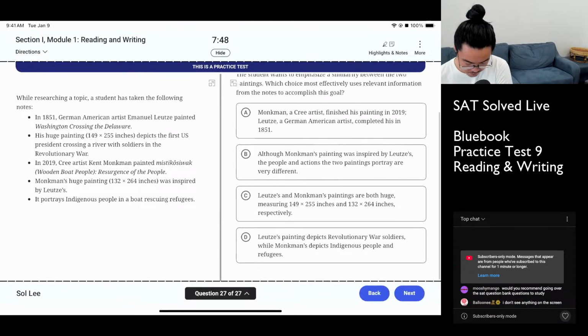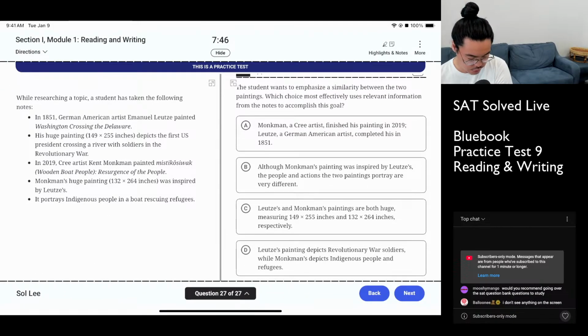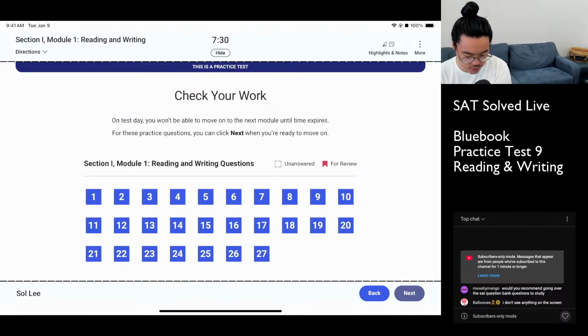Okay. So similarity is huge and people in boats. They're both huge. Correct. That doesn't emphasize the similarity there. That actually takes the similarity and makes it sound like a contrast. All right, so that's 27.